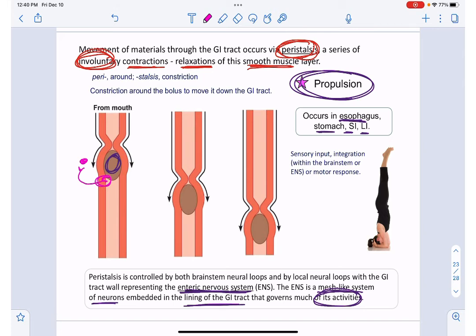And those, what are now motor neurons, act on the smooth muscle in back of the bolus, and they cause constriction of that smooth muscle. That pinches the alimentary canal and causes the food bolus to move down. Then the food bolus moves down, and guess what? It stimulates stretch receptors further down, which act back and stimulate motor neurons that cause smooth muscle contraction in back of the bolus.